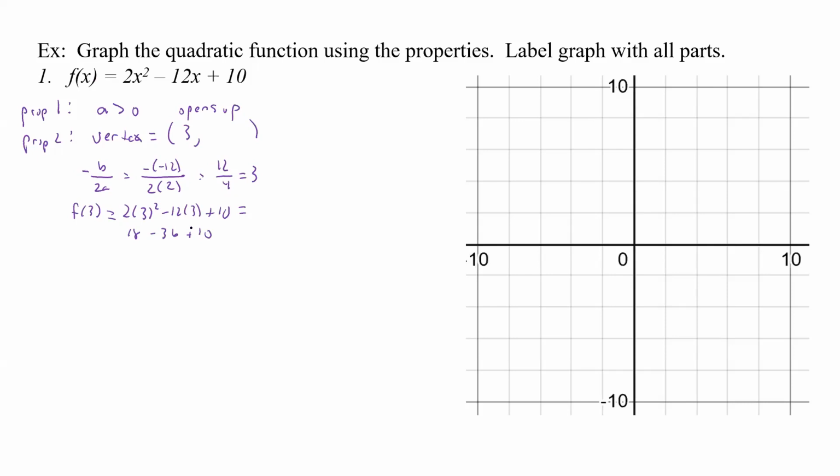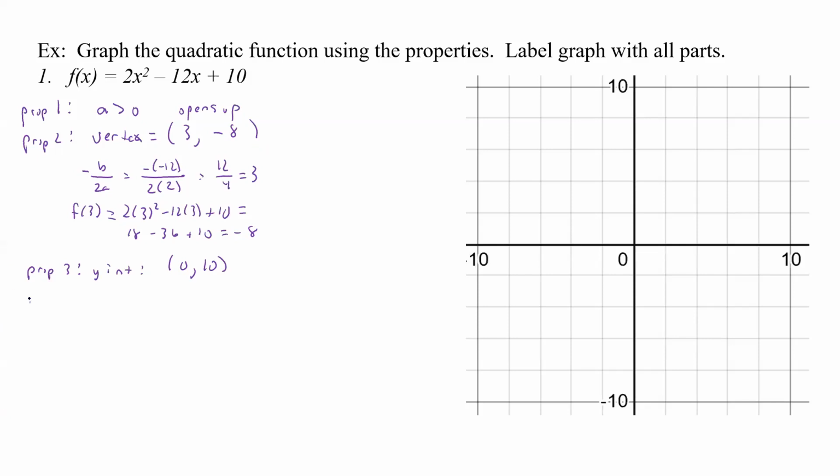So it's going to be 28 minus 36, so it's going to be minus 8. And so that's going to be our vertex, 3, negative 8. Now let's do property 3. Property 3 was the y-intercept. And remember, that's the 0 comma c. In this case, c is 10. And so that's going to be our y-intercept.